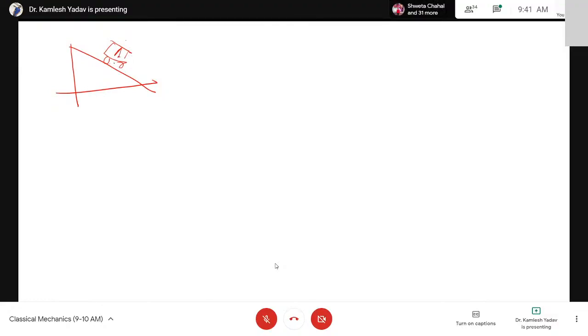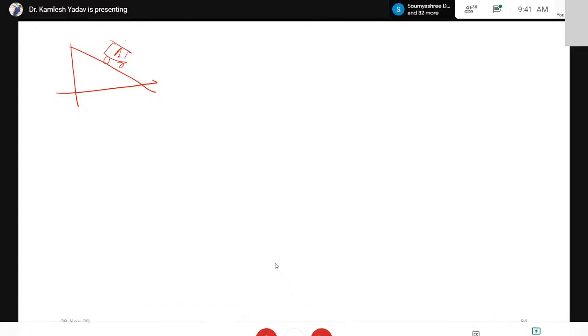Suppose we have a simple pendulum of length L suspended from the ceiling of a cart, which is sliding over an inclined plane without friction. There is no friction. Then what will be the time period? In that case the time period is equal to 2 pi root of L upon (g cos theta).